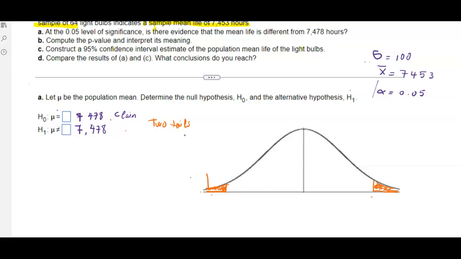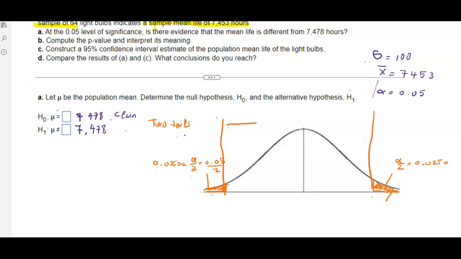Alpha over 2 is 0.05 divided by 2, which equals 0.0250, and the same thing on the other side. Alpha is the threshold between accept and reject.